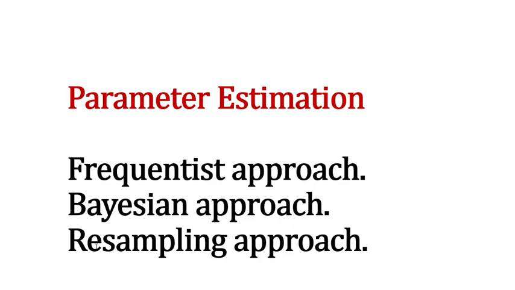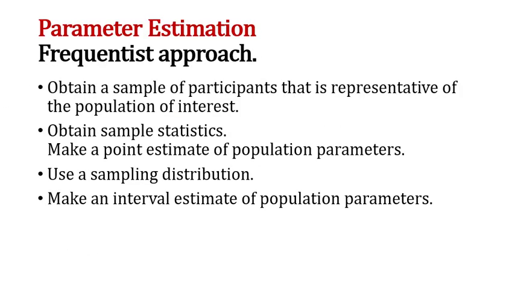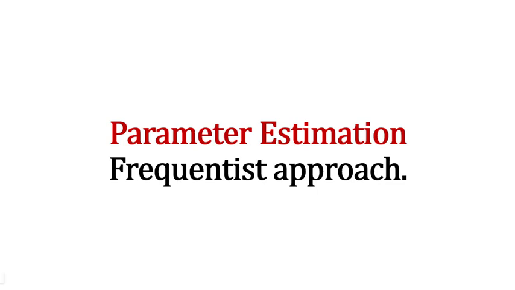So the frequentist approach, which I'm going to call the traditional approach, the Bayesian approach, and the resampling approach. In this video, I'm going to talk about the frequentist approach.